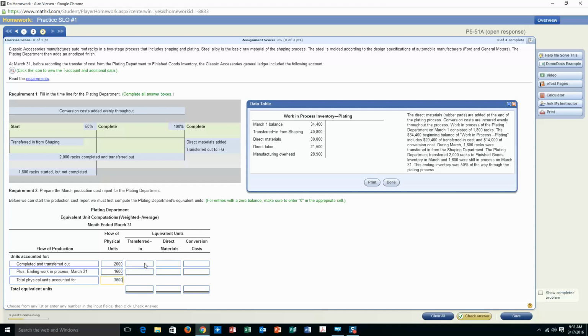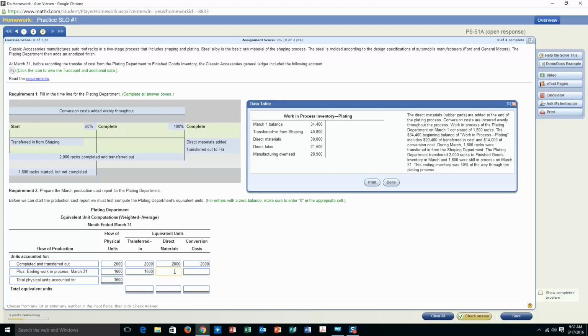Now we'll convert those to equivalent units. Obviously, if they're completed and transferred out, they're 100% equivalent, so I'll just go ahead and put that all the way across. The ending work in process, for transferred in, is always 100% because those are the ones that are completely done. Now, direct materials will differ. It can be 100% if it's added at the beginning, or it can be 0 if it's added at the end, or sometimes it gives a percentage.